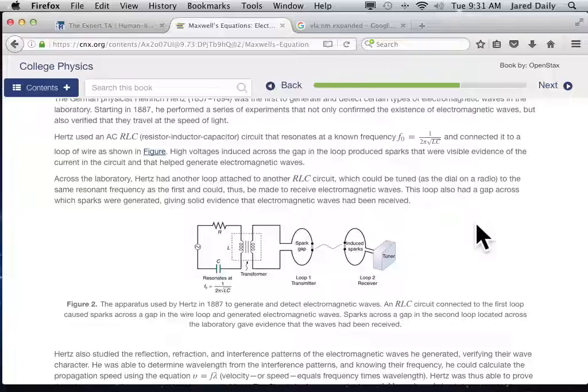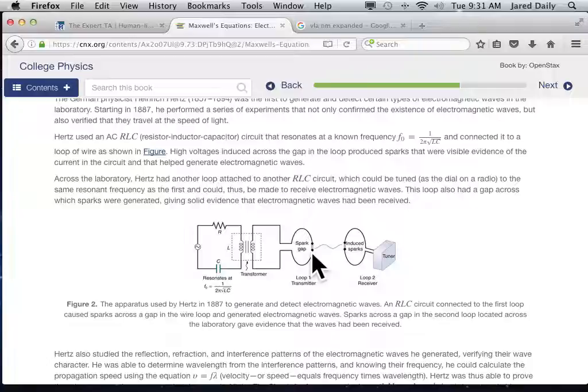And he was able to make the first radio transmitter and the first radio receiver, where he had this device here, and you can see some of the elements in here that you're familiar with, like a resistor, an inductor, and a capacitor. So this will resonate at a certain frequency, and that frequency will be transmitted through a transformer to increase its voltage. And then that voltage will cause a spark to occur between these 2 points.